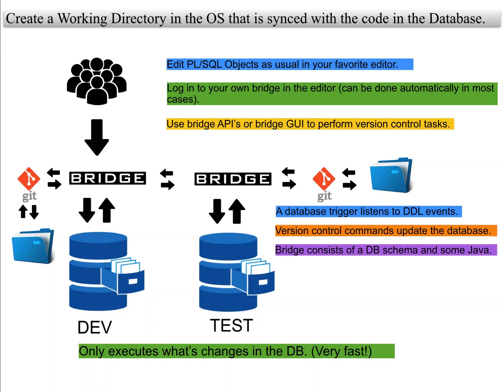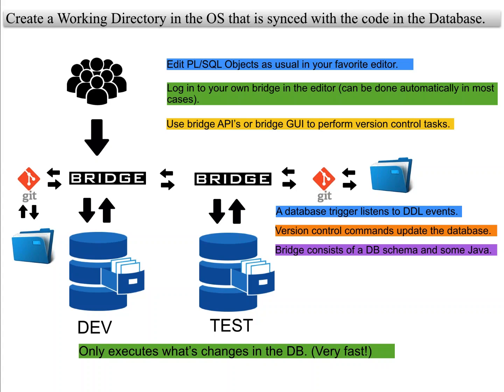But bottom line, we listen to these events, we read the code that is being executed, and we write it to the working directory in the operating system. So no user, no developer can run a script anymore without our bridge noticing it. It's impossible because it's a database level trigger.